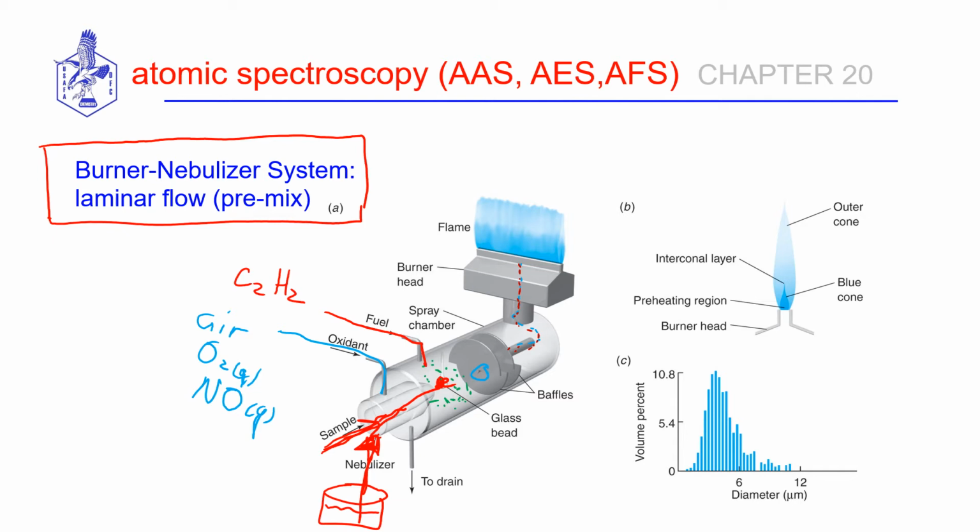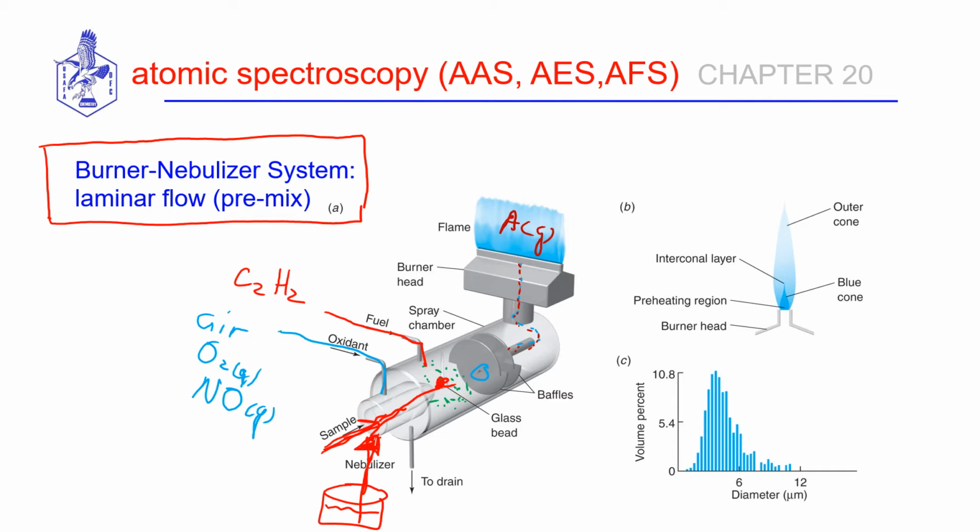We get rid of the solvent. We sublime the sample, get it up into the gaseous phase. We break any bonds, and at this point, our species of interest, whatever it is, hopefully is presented in the ground vapor state. So that is the burner nebulizer system.